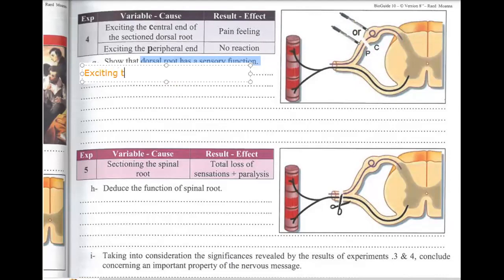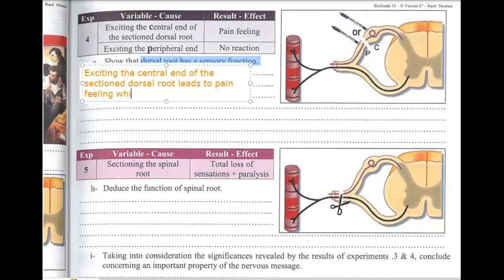Exciting the central end of the sectioned dorsal root leads to pain feeling, while exciting the peripheral end of this root leads to no reaction.